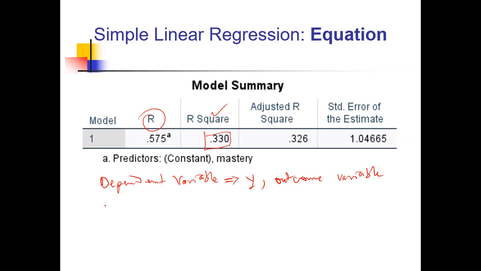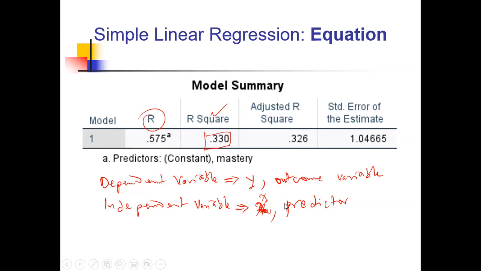The independent variable is your X, and sometimes you also call it the predictor. So they are just different names, and you come across this in different textbooks. So that is X. So it's what we can pick from here.